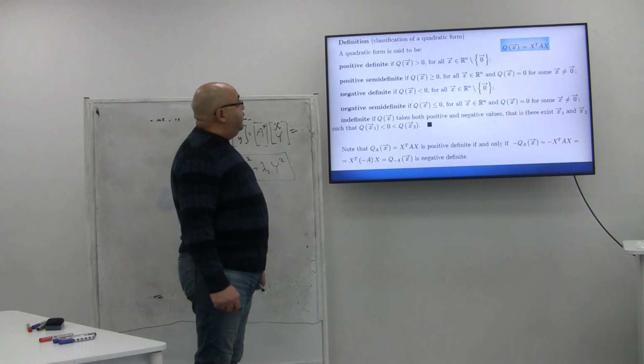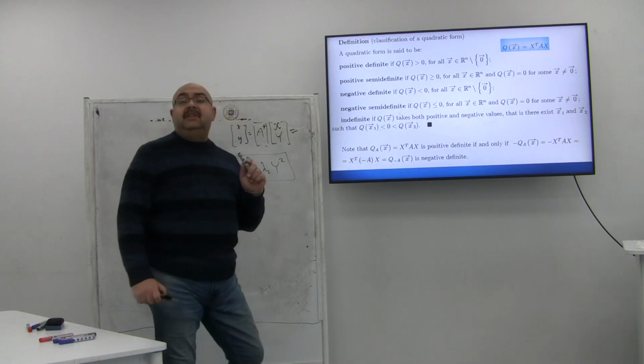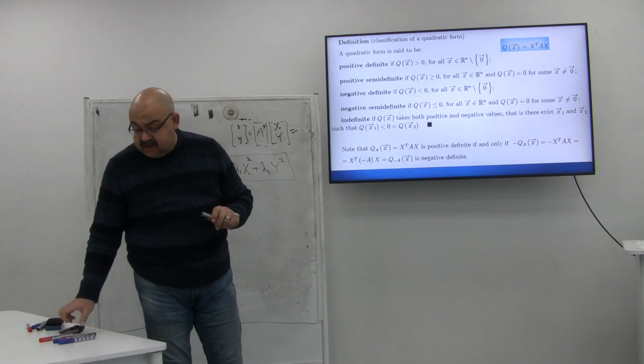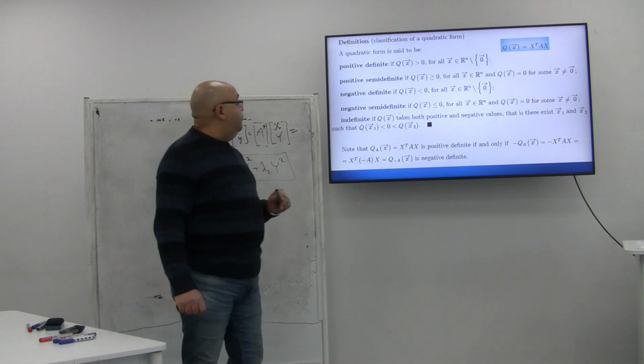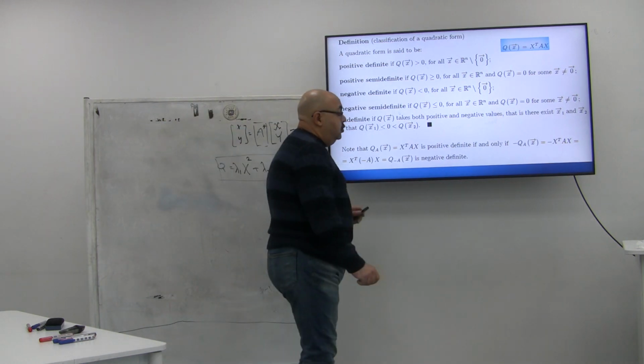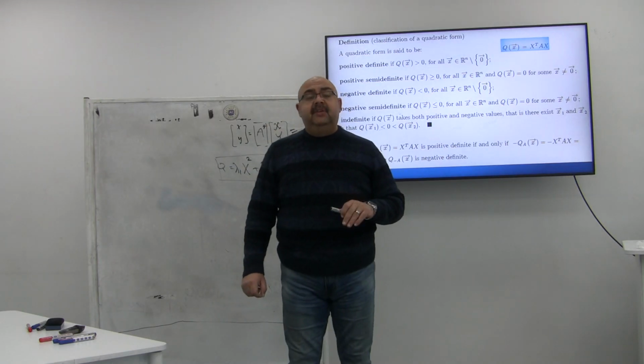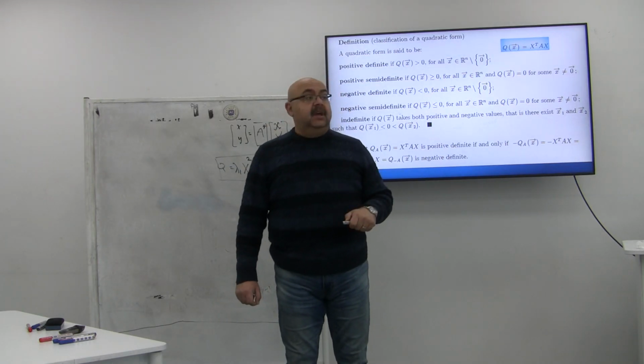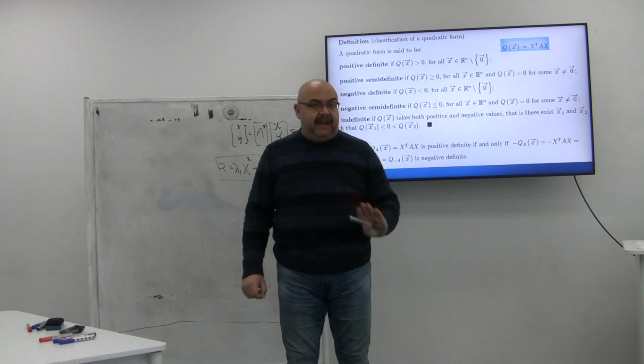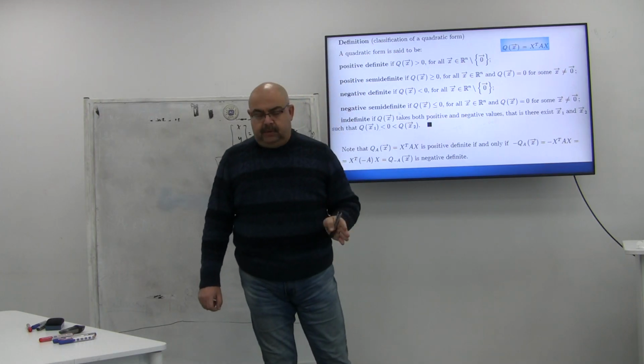Okay, now I have Q of x, and I will talk now about the definiteness of the quadratic forms: if it is positive definite, negative definite, semi-definite, and so on.